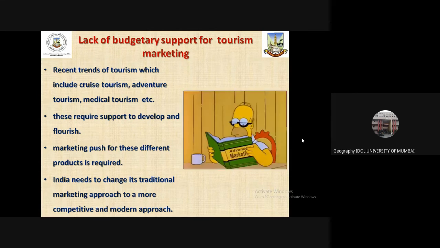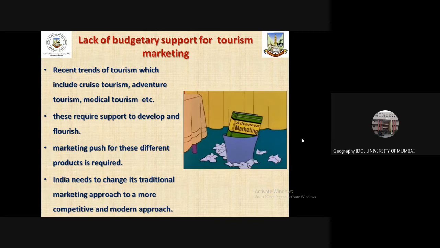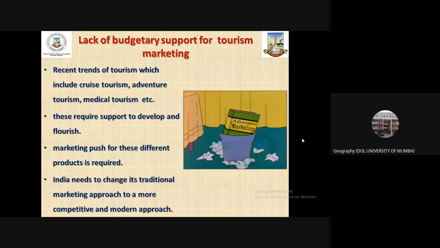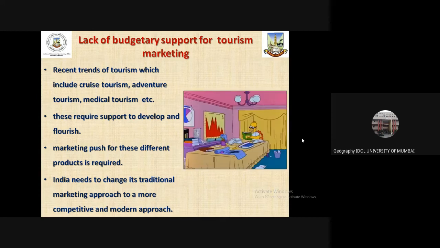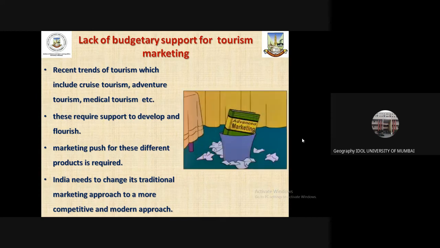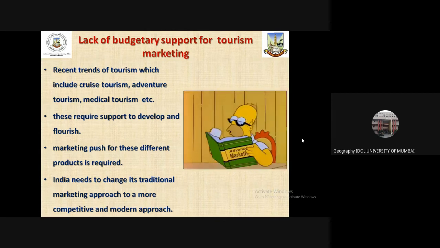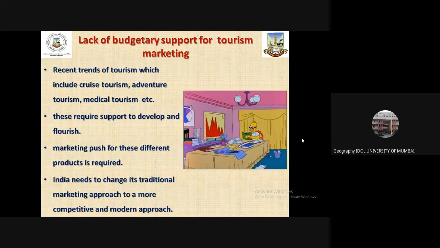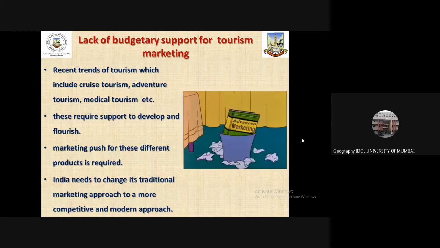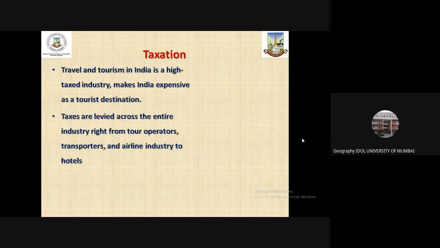Therefore, the Indian tourism sector needs to change the traditional marketing approach, become more competitive and modern, and adopt a modern approach of advertising and marketing tourism destinations in India. Then only will foreigners be attracted to the places in India. So that's a major problem.